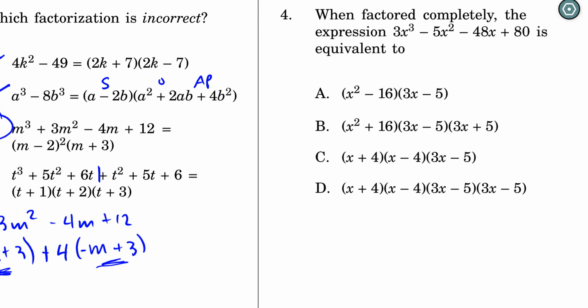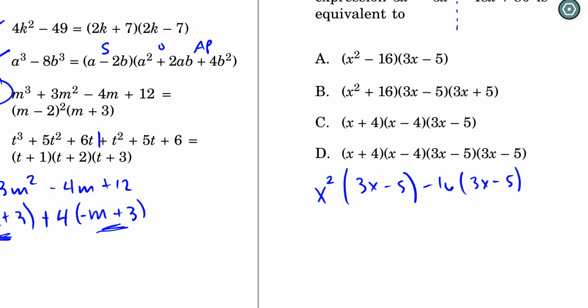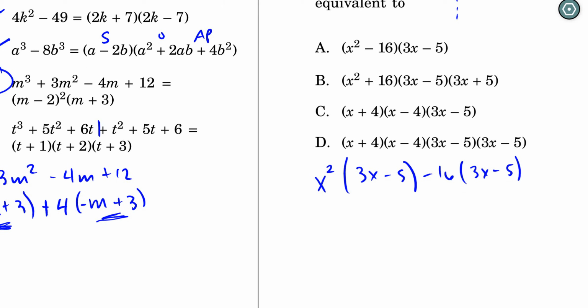The next one is another grouping example. So if I group the first two terms together, the GCF is x squared, which would leave me with 3x minus 5. The second two would be negative 16, which would give me 3x minus 5. Then I could take out the GCF of 3x minus 5, which leaves me with x squared minus 16.